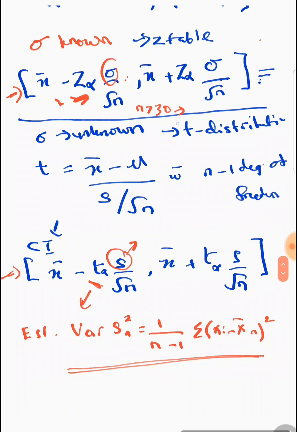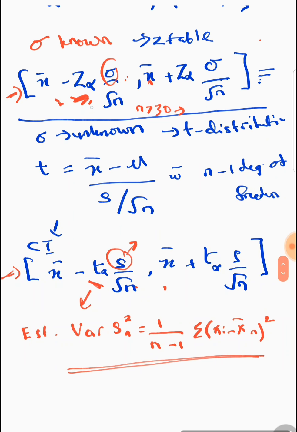When sigma is unknown and n is more than 30, which is a large sample, the difference between using the z table and the t table is very minimal. That's why in some texts you will see that some still use the z table.